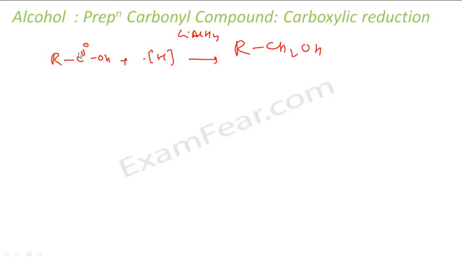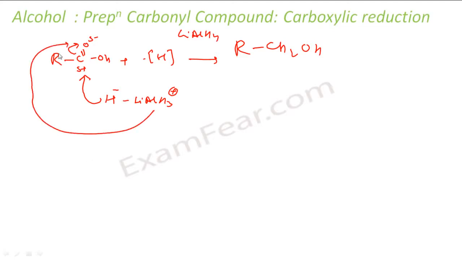So here also it will go in this direction, slightly negative charge, slightly positive charge. I have LiAlH4. Right, this hydrogen, this nucleophile, will attack here, and this whole thing will attack this guy. So what you get here is LiAlH3, and here you get H, and here you get OH.